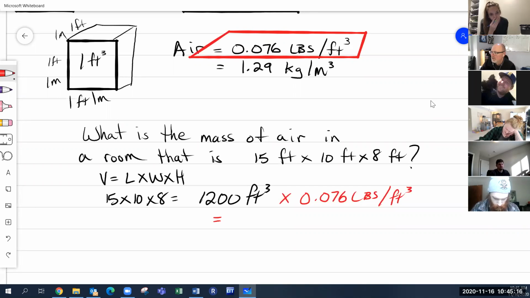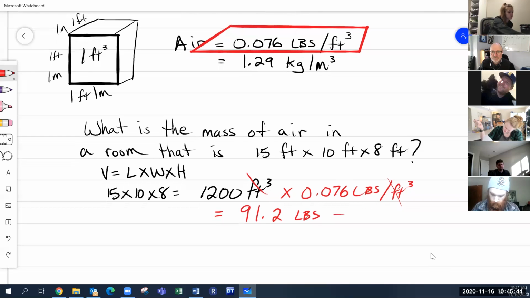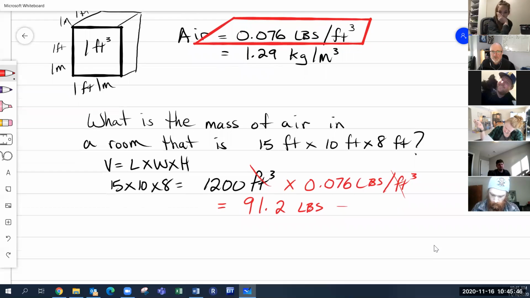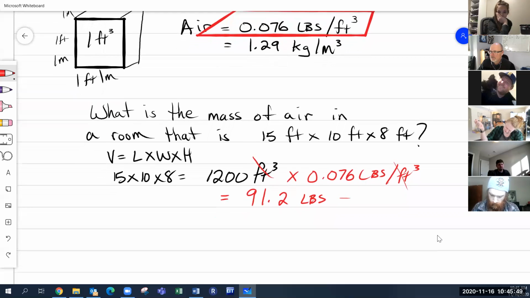And so 91.2 pounds is what the air weighs, because the cubic feet cancel out. I'm left with pounds of air. So that's the mass of the air in that room. Give you a second to write that out.